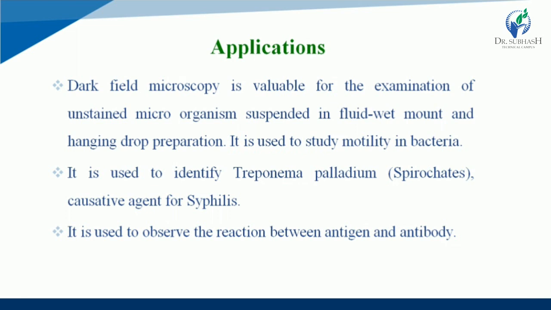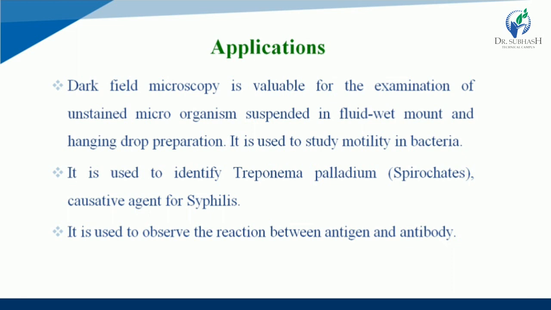Next one is hanging drop preparation. In hanging drop preparation, the specimen remains exposed to air during microscopy. In this method, a drop of microbial suspension is placed on a cover slip.